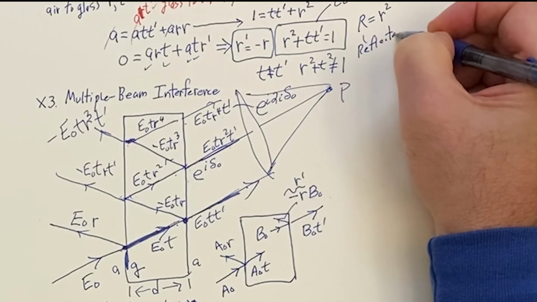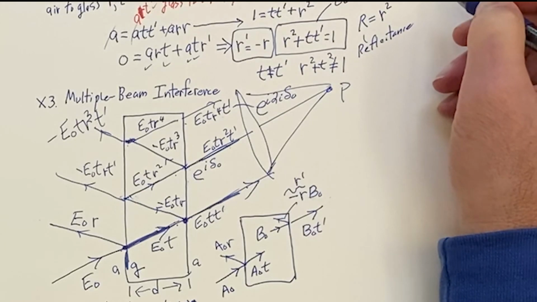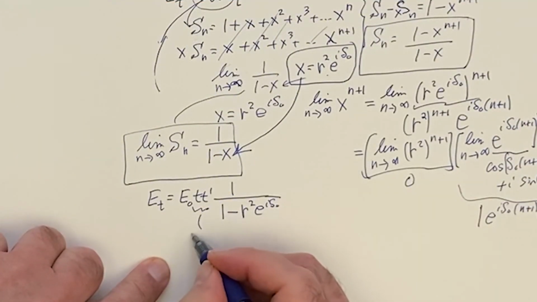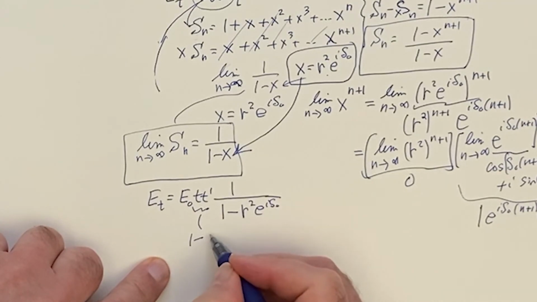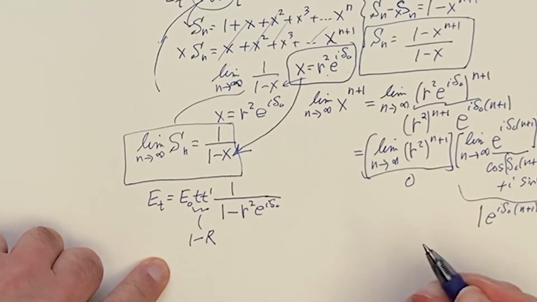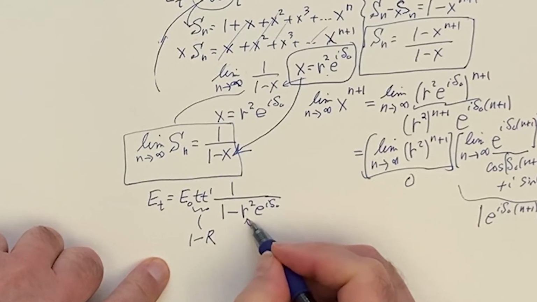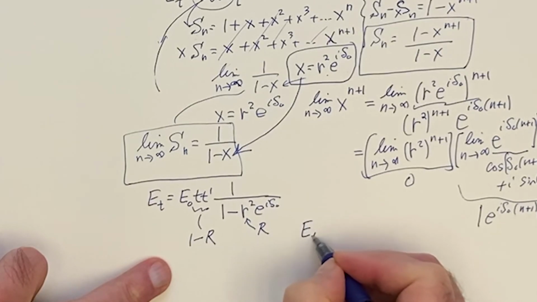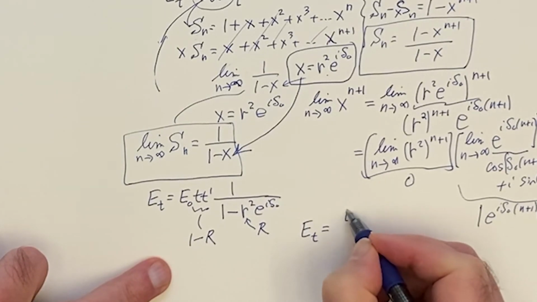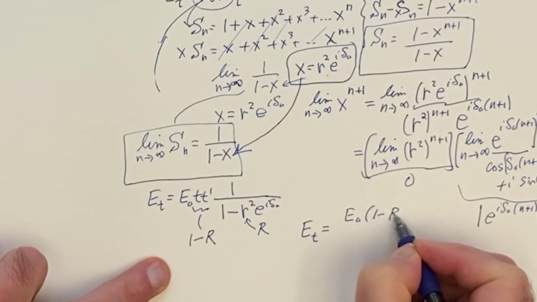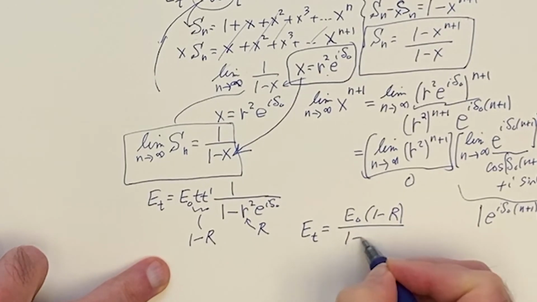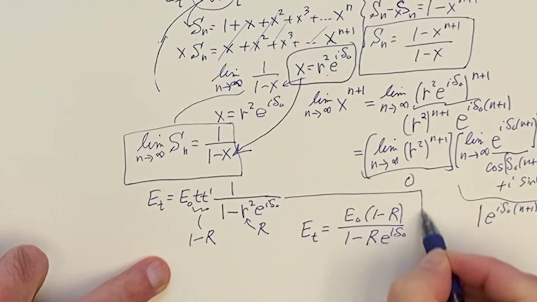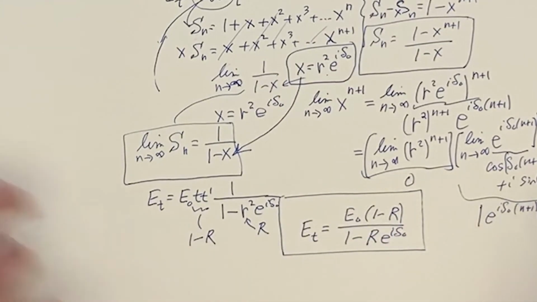So the reflectance is this parameter R. So here, we're going to write this as 1 minus R, and then this r squared is simply R. So that means for the transmission, we're going to have E naught times 1 minus big R over 1 minus big R e to the i delta naught. That's where we stand.